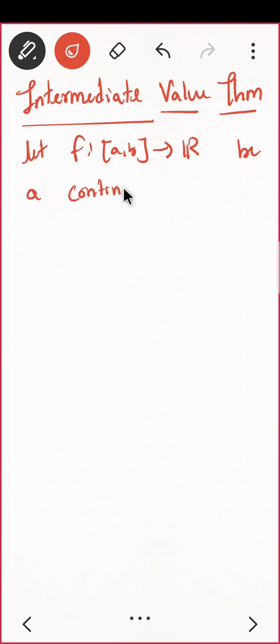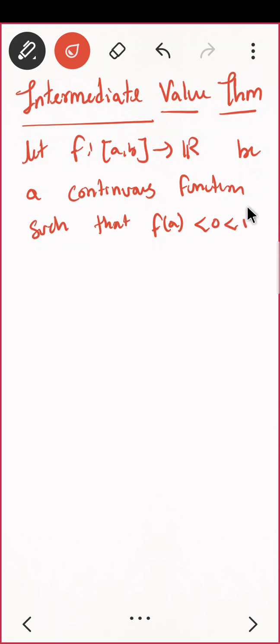Let f from [a, b] to R, this is the closed interval [a, b], be a continuous function such that f of a is less than 0 is less than f of b.